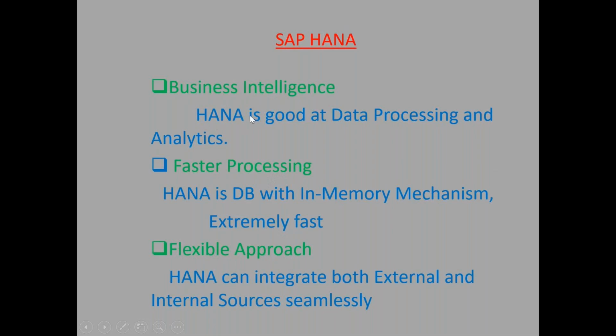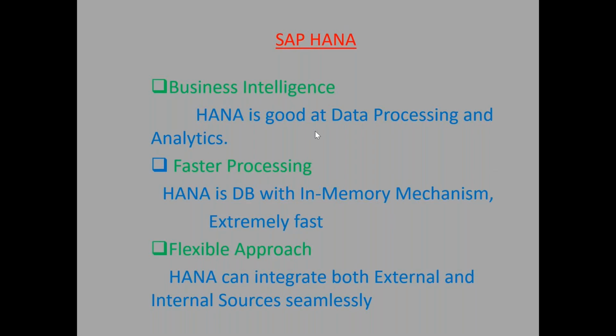Business intelligence: HANA is good at data processing and analytics because SAP HANA offers advanced analytics. It will not only handle a huge volume of data, it also allows you to access the information in real time.